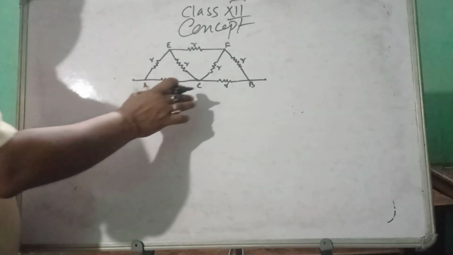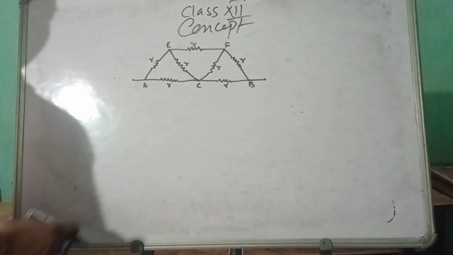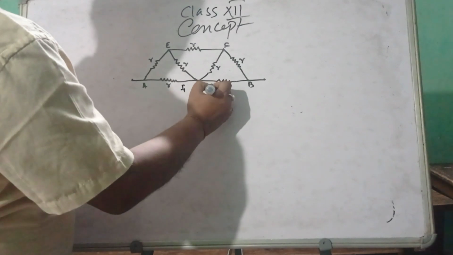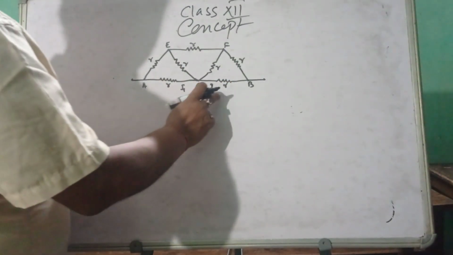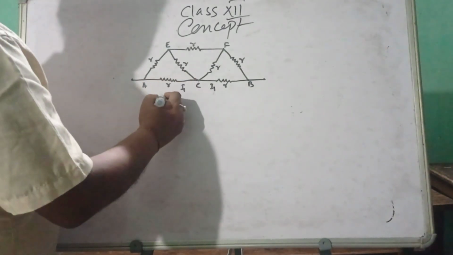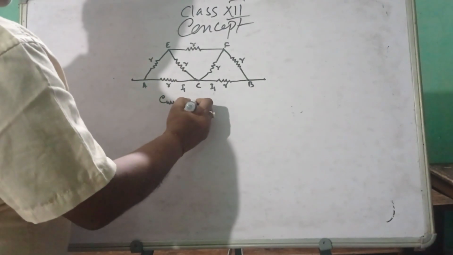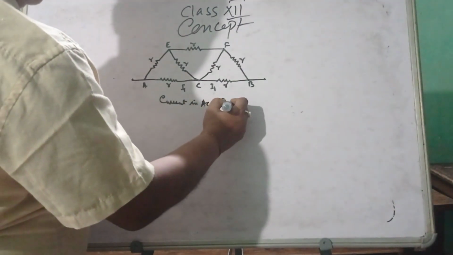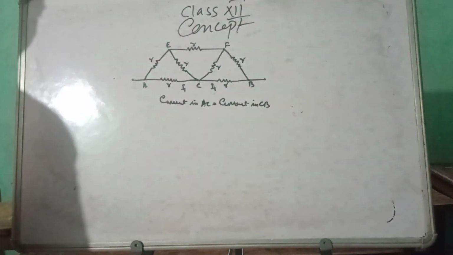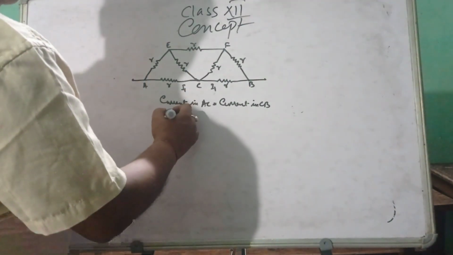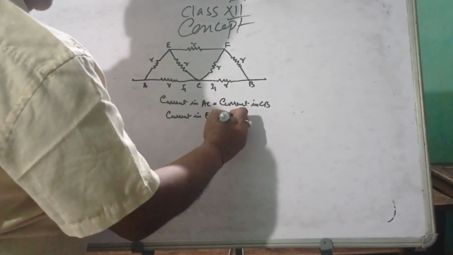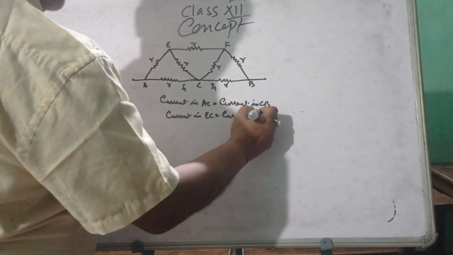Now if you have to find the equivalent resistance between A and B, remember that due to symmetry, the current I1 in this and the current in this will be the same. That means current in AC is equal to the current in CB from symmetry, and the current in EC will be equal to the current in FC.